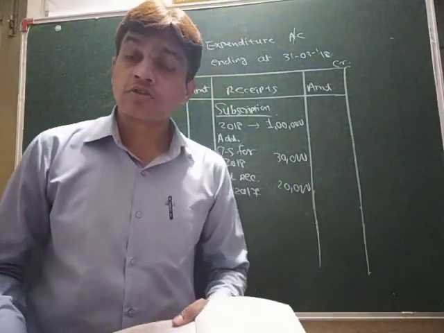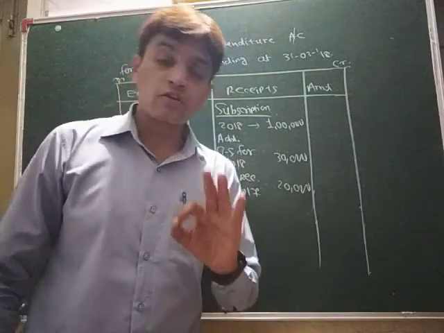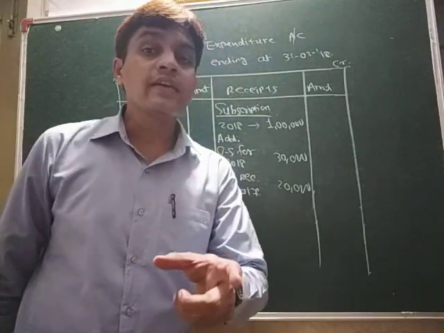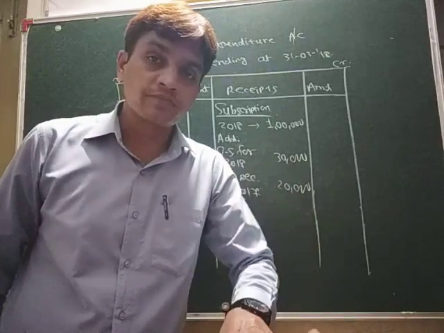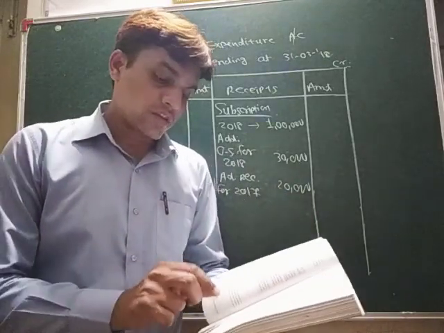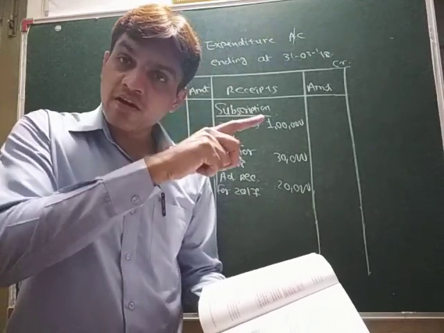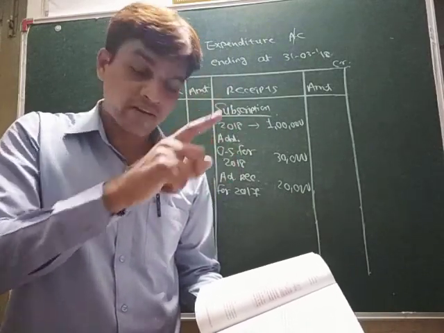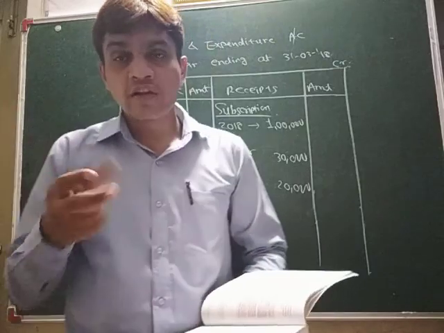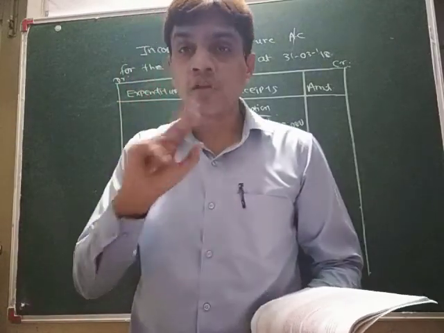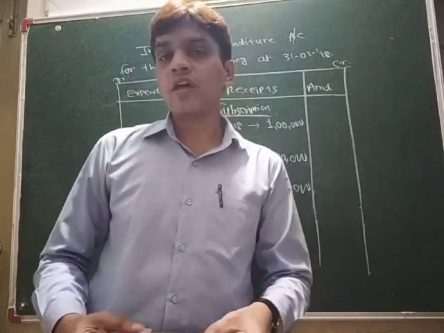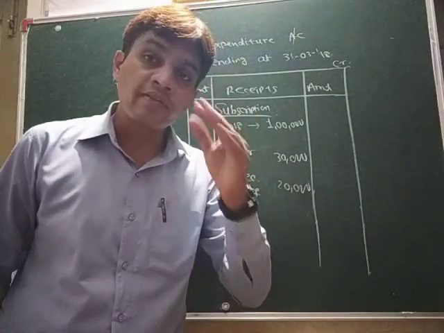So it means the total outstanding of the previous year is how much? The outstanding given in the information is 20,000, and the received subscription in 2017 is 18,000. So the difference between them is 2,000. Okay, the 2,000 is the outstanding for the previous year.